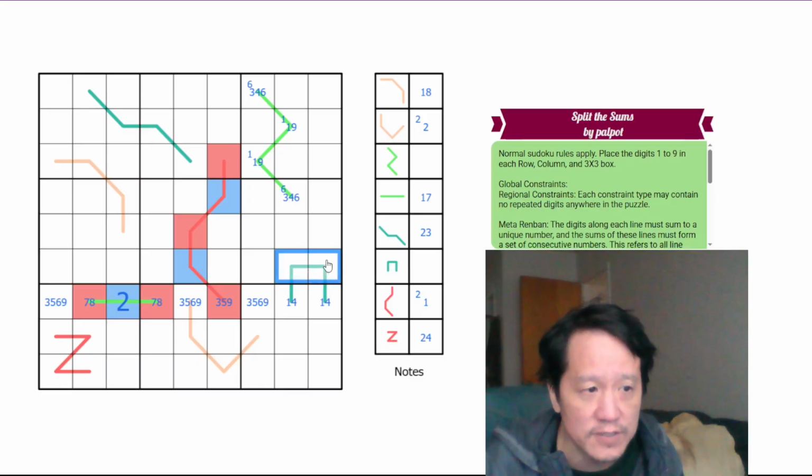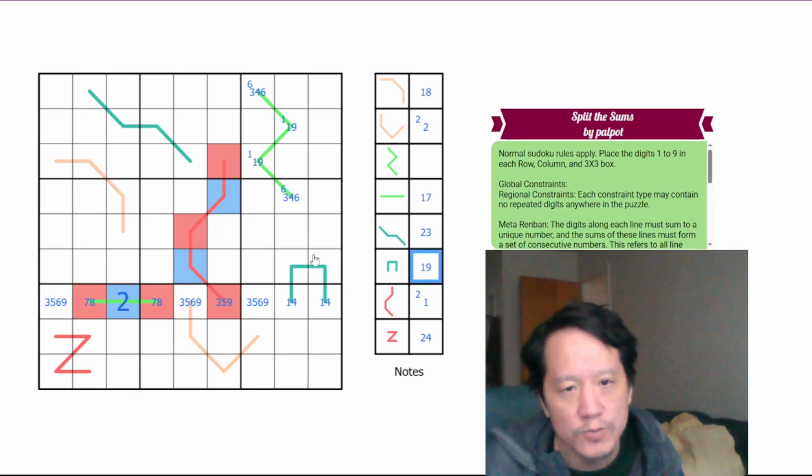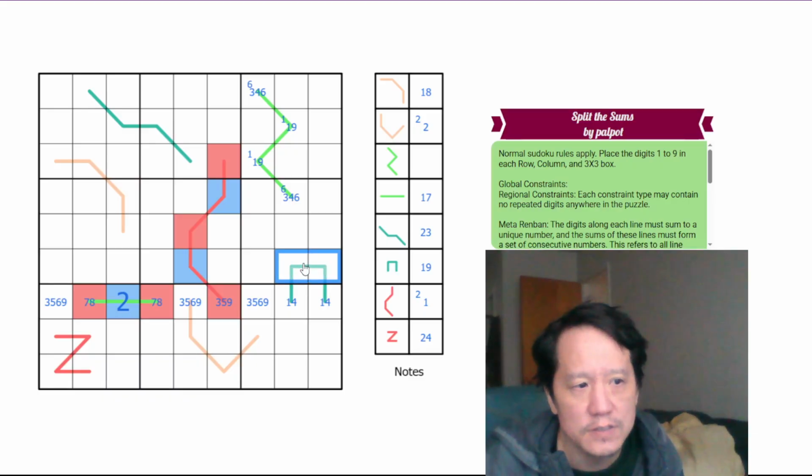Because these have to be different sets, we have to have at least an 8 here, or 5, and that's not possible. So then this must add up to 19, which makes this 5 and 9, I believe.